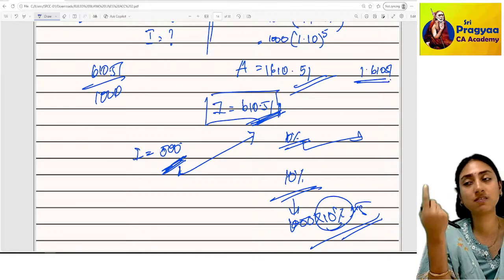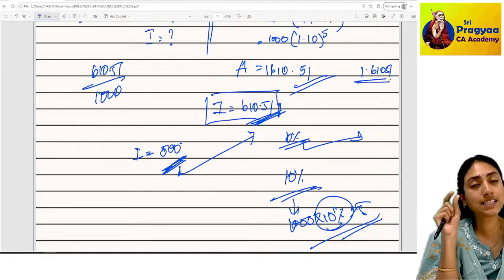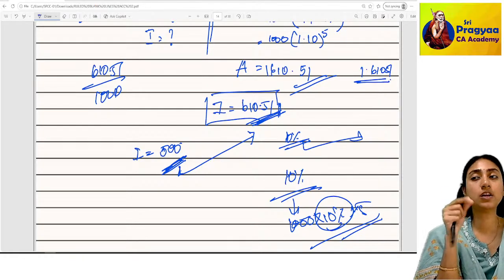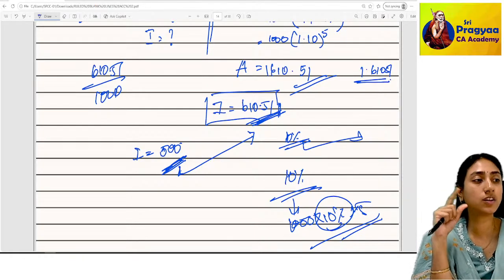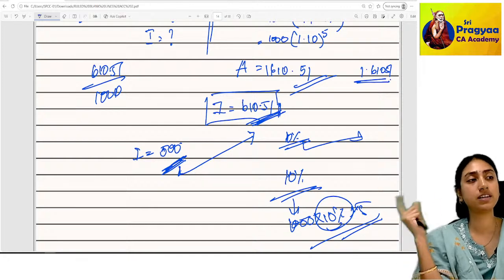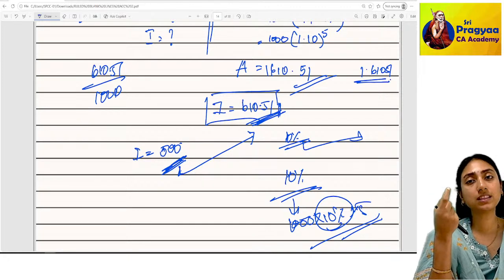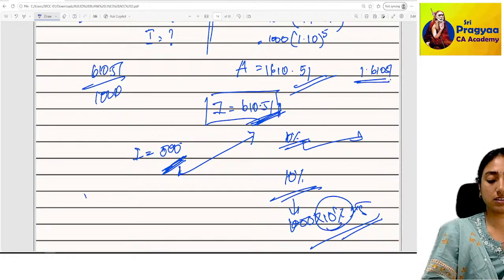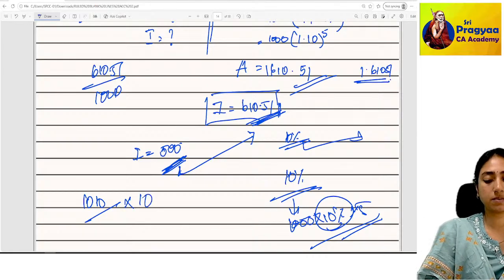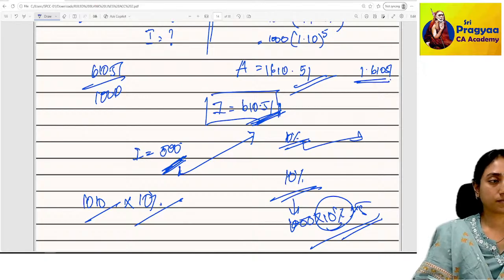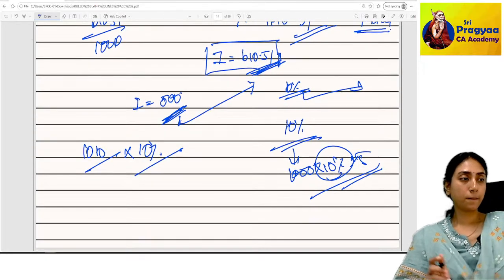But because you invested in this particular scheme, you have 10 rupees extra. If you had invested elsewhere, you would be having whatever income. So I have 1010, and there is an interest component to it, 10%.